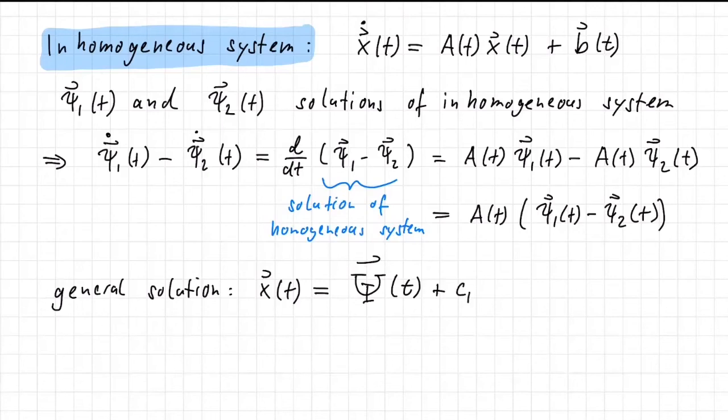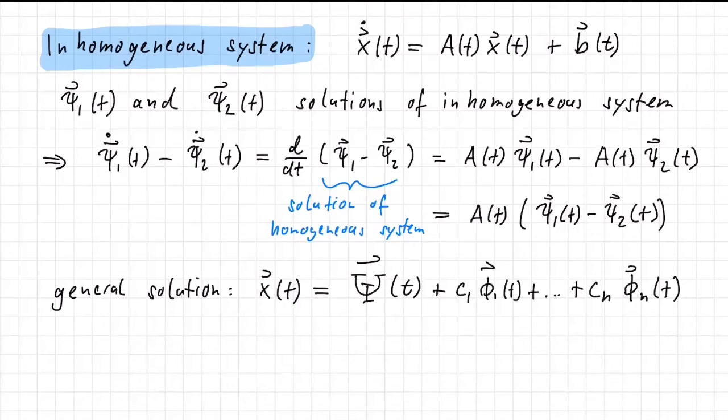So plus c1 phi1 of t plus up to cn times phi n of t. And this really follows from what we were just saying before, that different solutions to the inhomogeneous system can only differ by a solution of the homogeneous system.